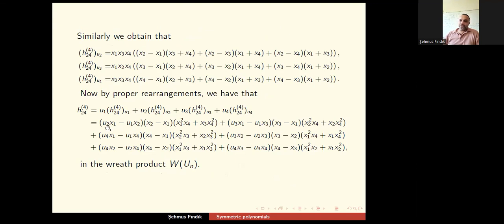So for example, here, U2 x1 minus U1 x2, when you have its inverse image, it stands for x2 commutator x1, and here x4 commutator x1, and all other elements in here are the adjoint operators.